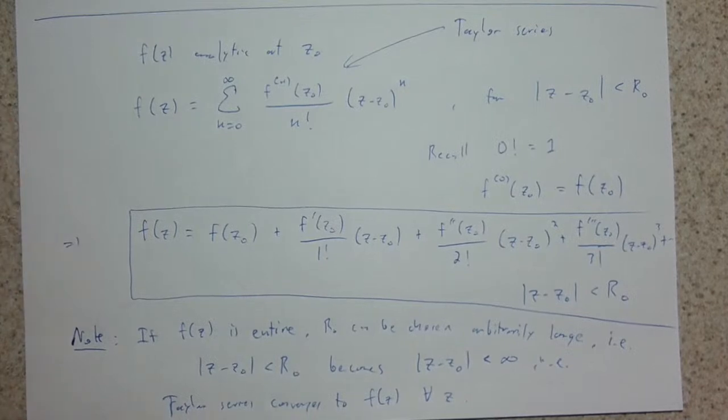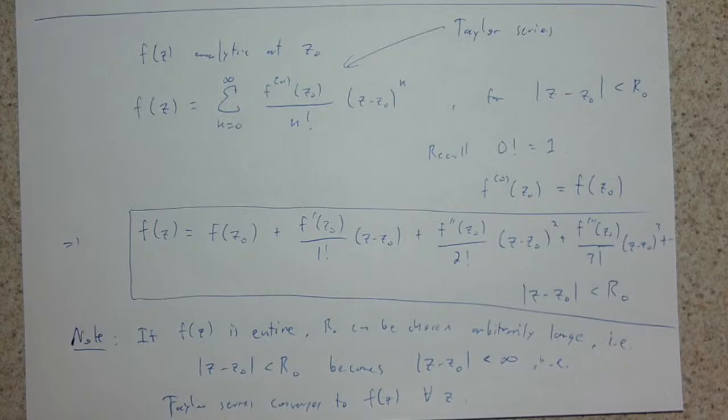And so in this case, you have your function having a Taylor series expansion about any point in the plane, and you could use any Taylor series expansion that you want to. So this z0 could be anything.